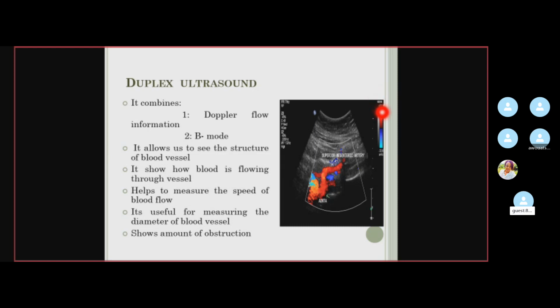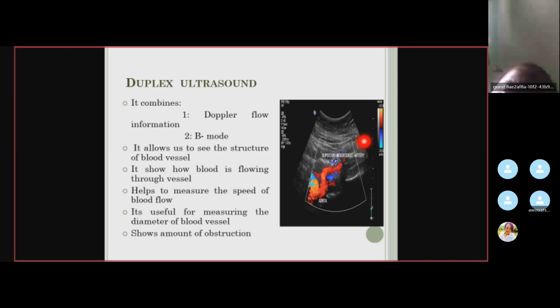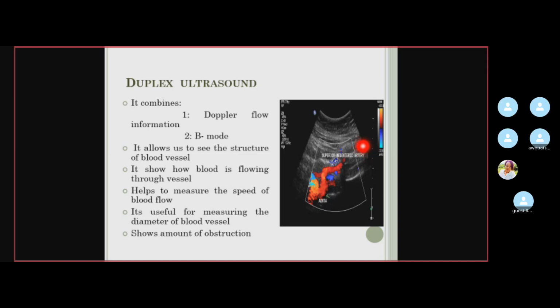We can measure the speed of the blood and also the diameter of the blood vessel, and with that help we can find how much obstruction is present in the vessel. So duplex means two pieces of information are joined together, that is Doppler flow information and B mode information.